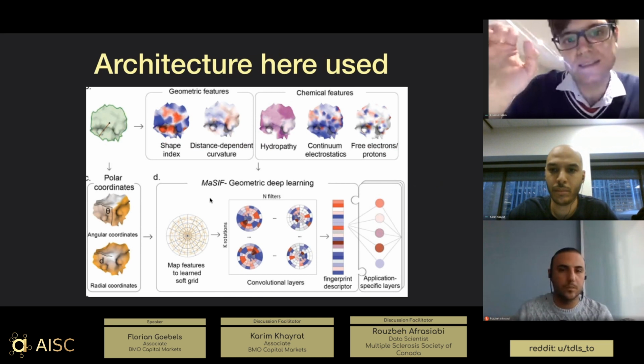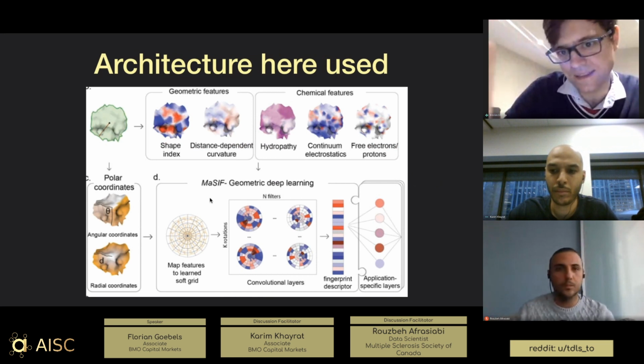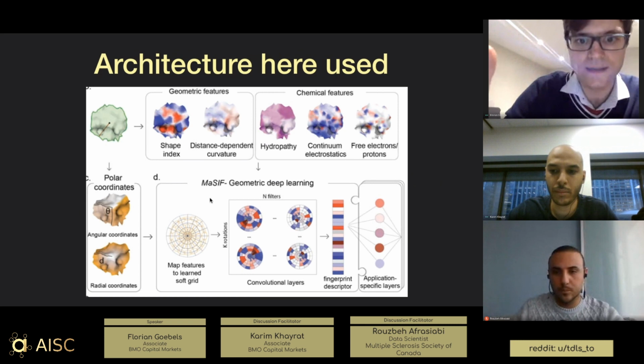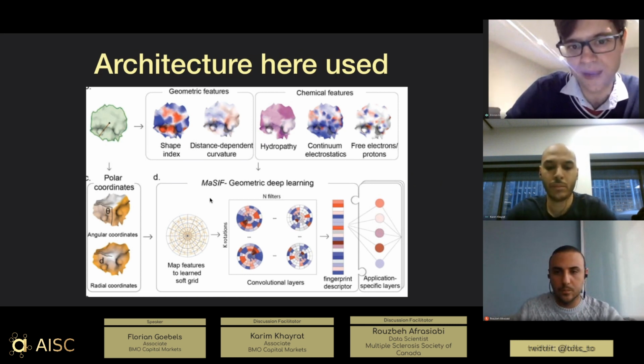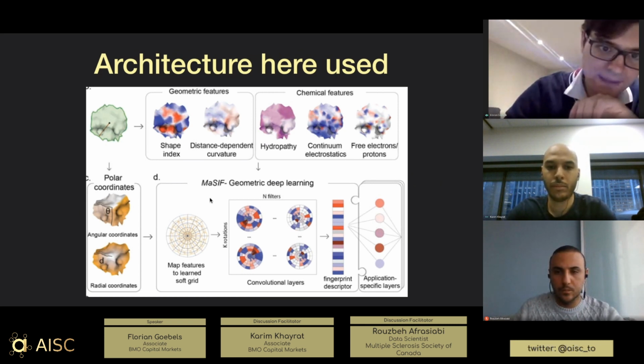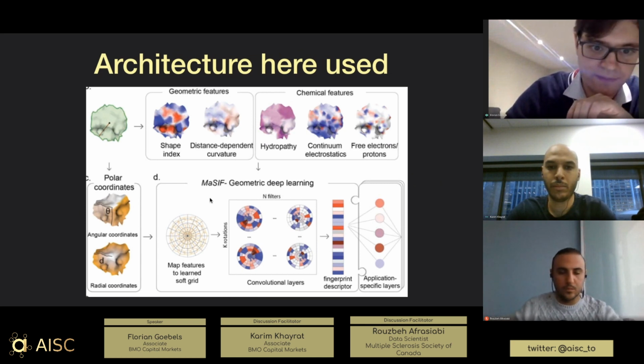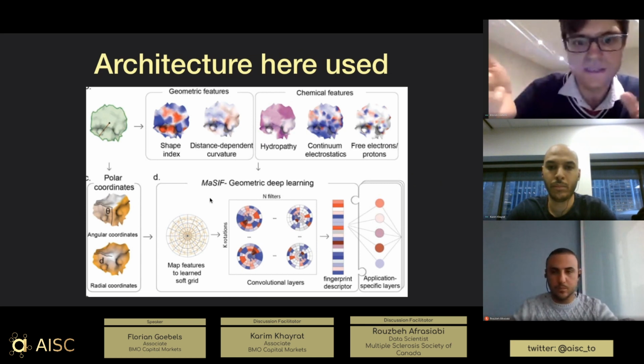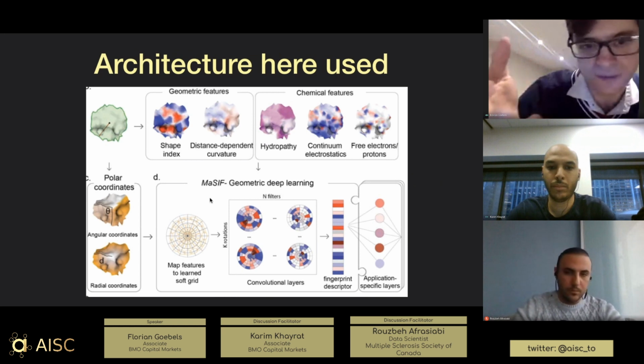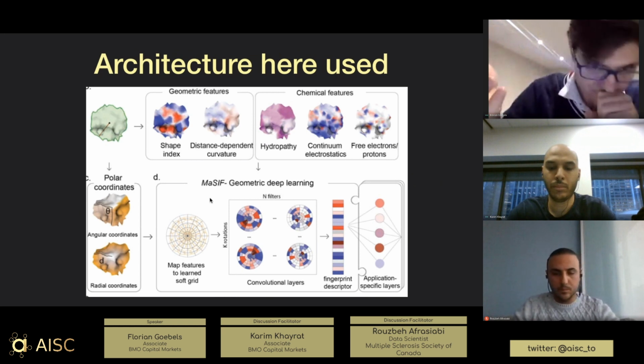So if you look at how it's done here in the paper, you see in the center box D, there's this soft grid, they call it the soft learned grid. It's learned. And what does it mean?